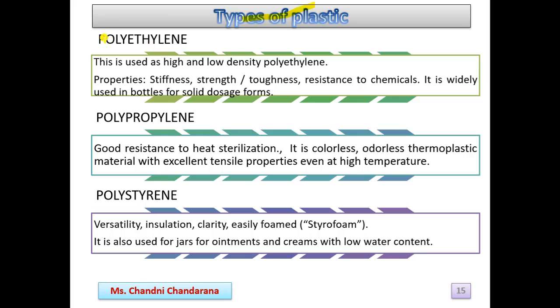First is polyethylene. So what is polyethylene and when is it used? This is used as high and low density polyethylene. And what are the properties of polyethylene? It provides stiffness, strength, or toughness, resistance to chemicals, and is widely used for bottles for solid dosage form.